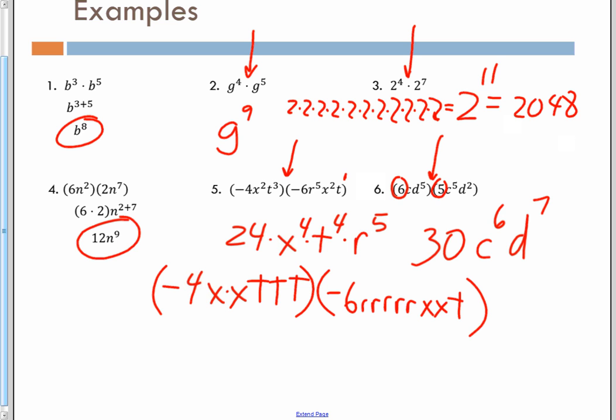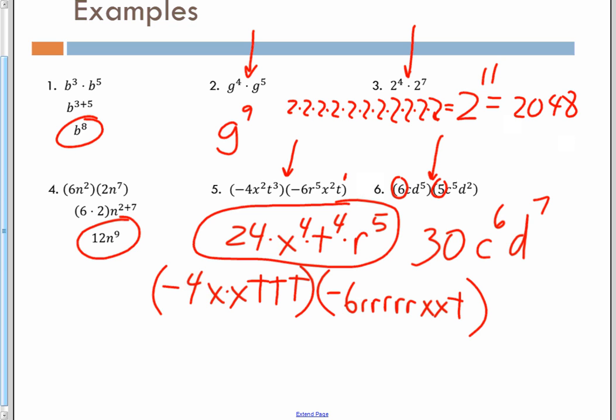How many x's do we have? We have a total of 4 x's. How many t's? 1, 2, 3, 4. How many r's? We have 5. If it helps and you are forgetting something, expand it out. Write down every single letter that's involved. You'll still get the correct answer. It'll take you a little bit longer than just adding the exponents, but sometimes that helps.